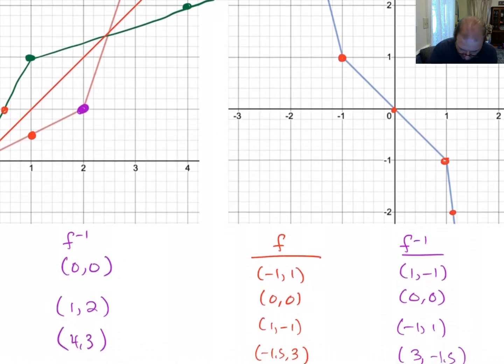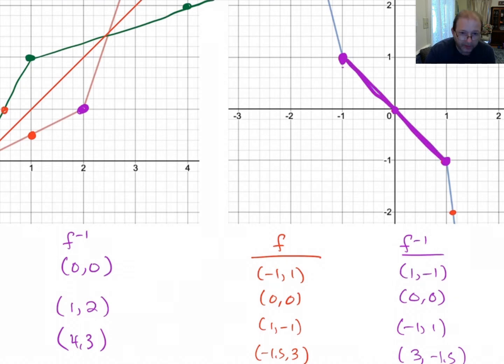So (1, -1), (0, 0), (-1, 1). Interesting, that actually makes good sense. So we get those and we get everything in between.